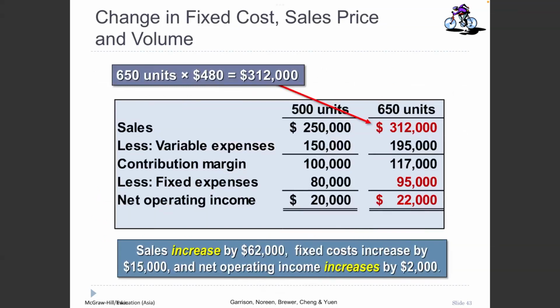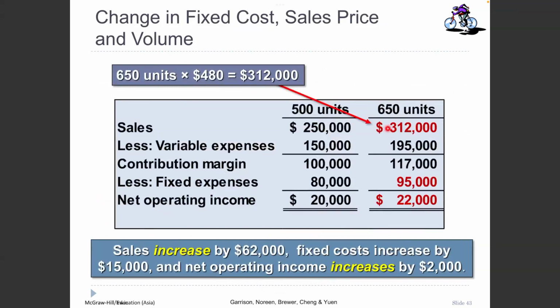Okay, so 650 units, you multiply with 480, which is the new selling price. And then your variable expense remains the same, so 650 units multiply with 300 per unit. And then you get a contribution margin of 117,000 minus your fixed expense, which is now increased to $95,000.